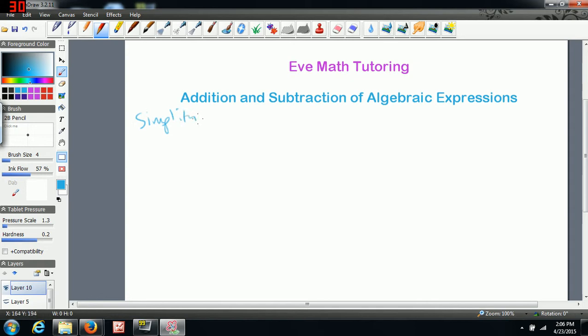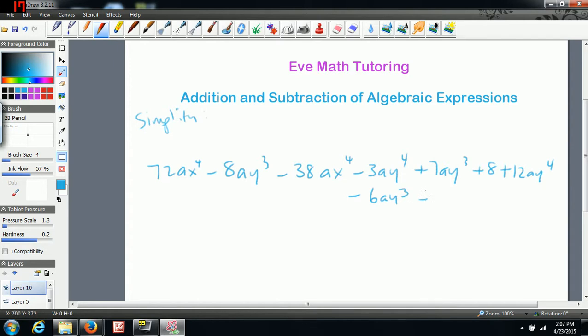You're asked to simplify 72ax^4 minus 8ay^3 minus 38ax^4 minus 3ay^4 plus 7ay^3 plus 8 plus 12ay^4 minus 6ay^3 plus 12. Okay, so you're asked to simplify something like this.